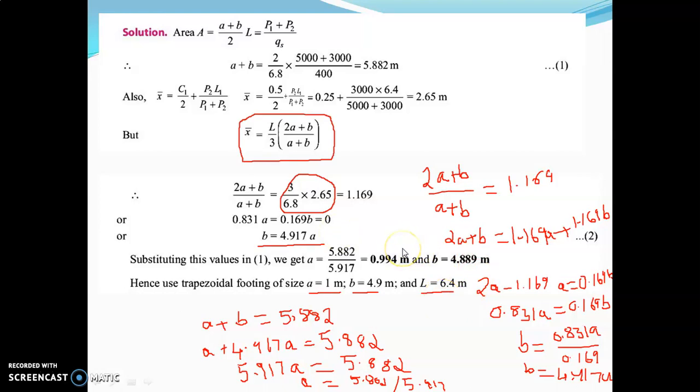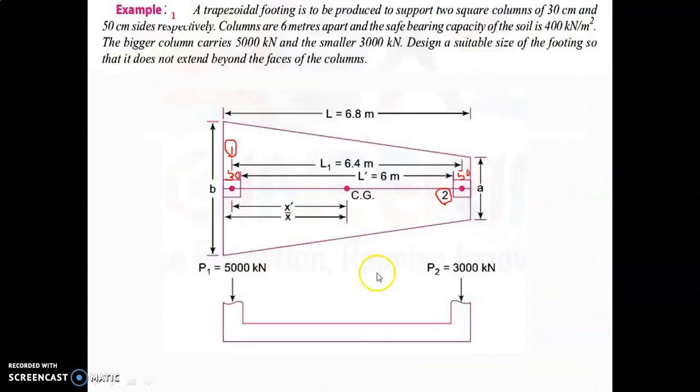See here what you do in this problem. Here I have taken 30, so just take it as 50 here. Same thing, this is 50 and this you take as 30. Then it becomes proper.